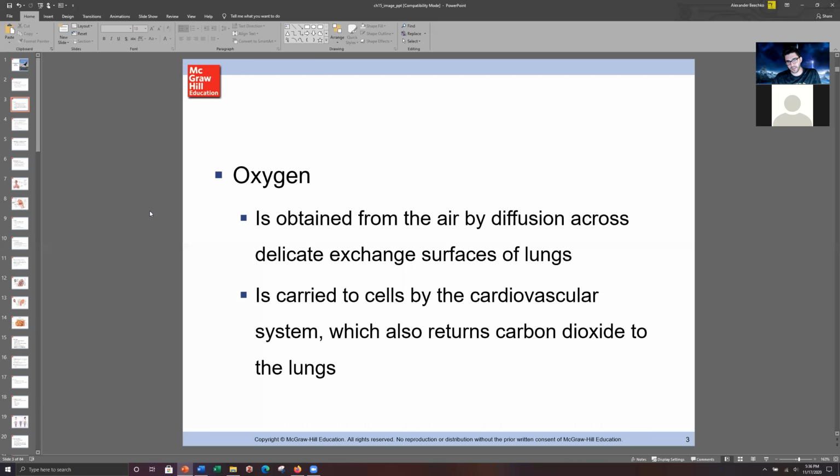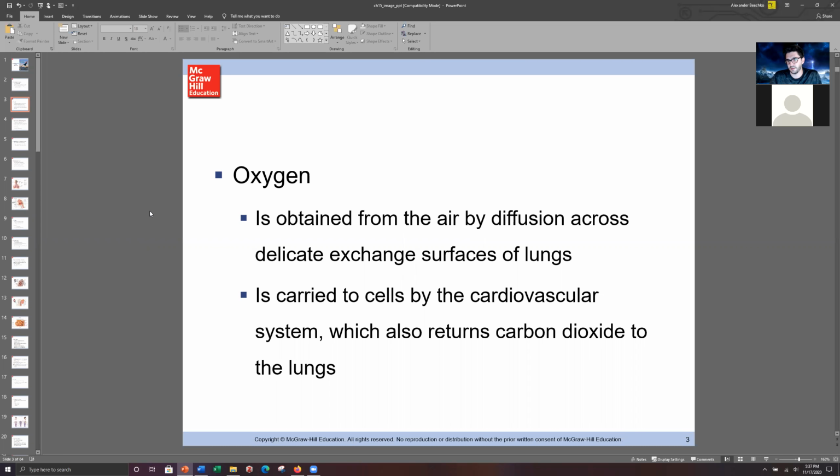Okay, so we get oxygen from the air via diffusion across a really delicate surface. It's literally a single squamous cell thick, so not even like a columnar or pseudocolumnar or anything like that. Single squamous cell thick with a very thin layer of a fluid that we call surfactant, and I'll explain what that is a little bit later. But it's all diffusion.